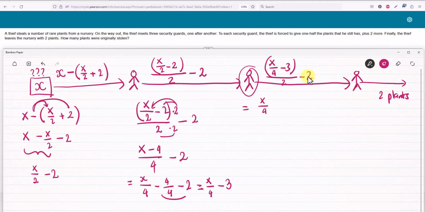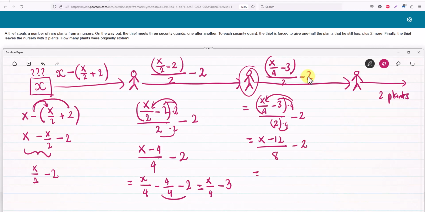We will have x over 4 minus 3 over 2 minus 2. I'm trying to simplify the expression, so I multiply by 4 on the top and the bottom. When I bring the 4 here, I can cancel with the bottom 4. I only have x. When I bring the minus 3 and 4 together, that is minus 12, and over 4 times 2 it is 8. And then subtract 2.